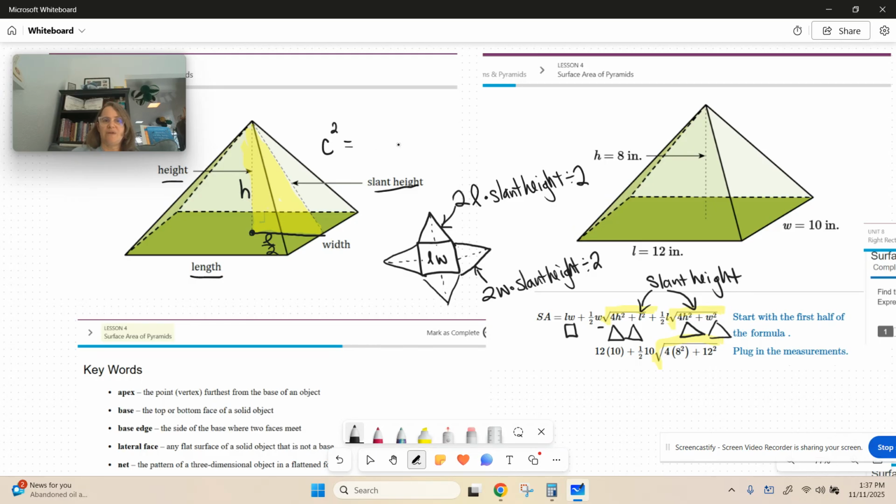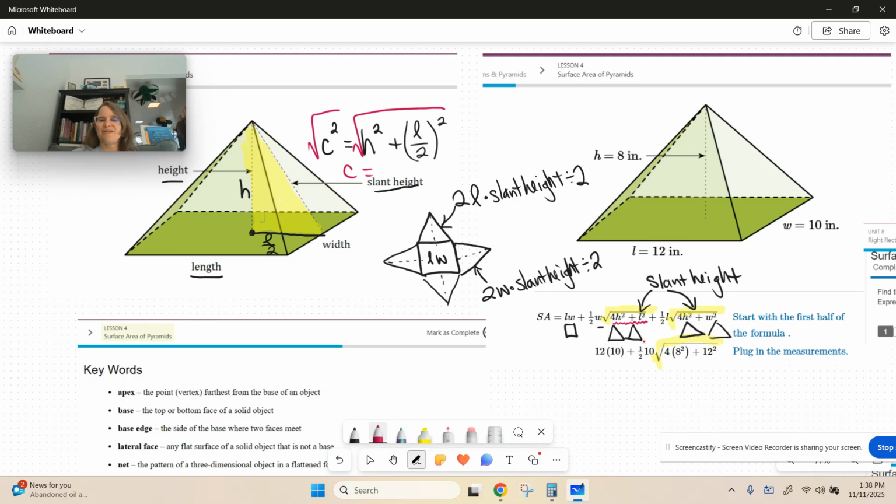So c squared would equal the height squared plus the base of that squared, which is the length over 2 squared. Then we would take the square root on both sides to get just c. And now you can see it's starting to look like this.